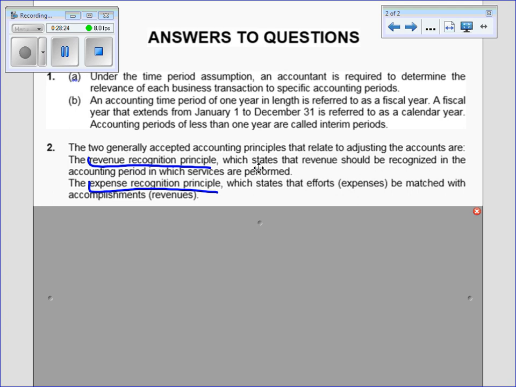Revenue recognition simply says we're going to recognize revenue in the accounting period that it happens, and the same thing with expenses, that they're matched with the revenue that occurs. Money in usually has some money out attached to it.